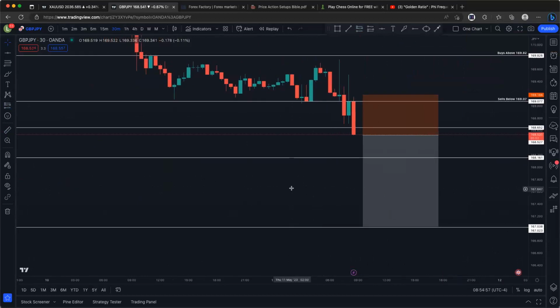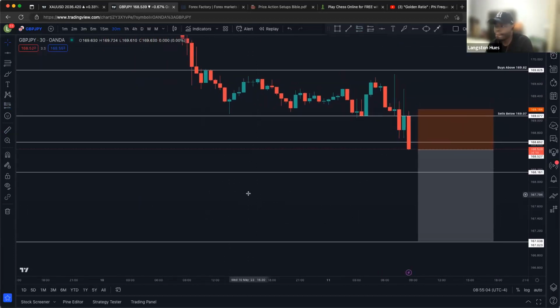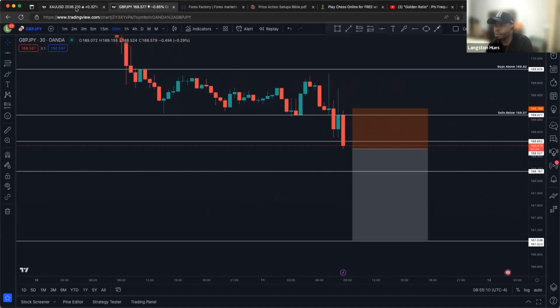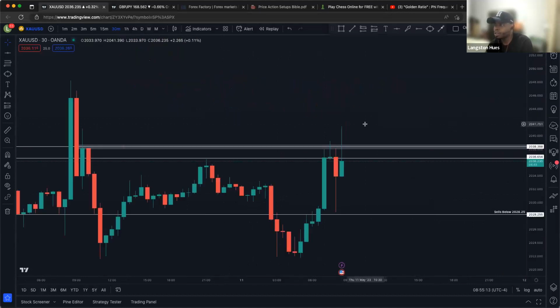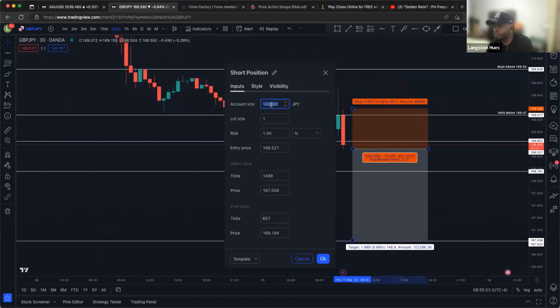What do you reckon the lot size would be for a 10K account? You have to calculate it, brother. 65 pips, depending on the amount of risk. Let's see. For GJ, 10,000, risking 1%.